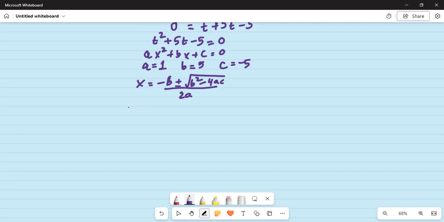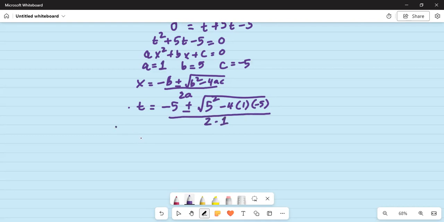So in this case, t is equal to minus b. My b, minus b, is minus 5, plus or minus square root of b square, which is 5 square, minus 4 times a, which is 1, times c, which is minus 5, divided by 2a, 2 times 1.